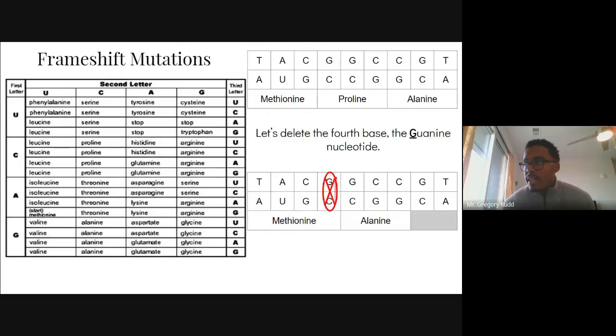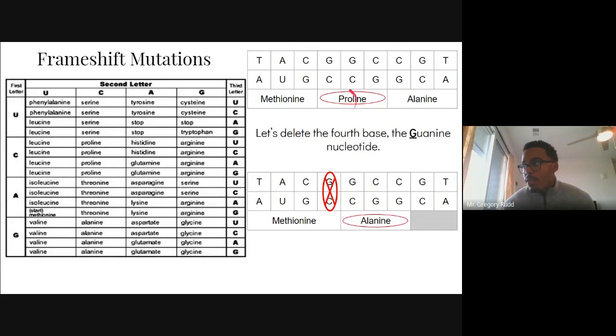But now that I've deleted this G, I have to shift everything over. My reading frame is now shifted. So instead of having CCG as my codon, I now have CGG. Do we see how it was shifted over? Instead of CCG, now I have CGG because this got deleted. And that throws off my amino acid.